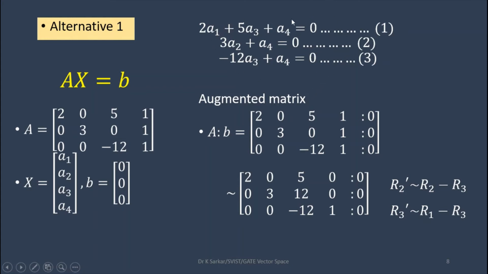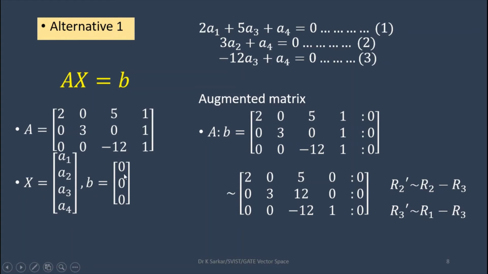Here the system of equations, let us form in augmented matrix, where A is [2, 0, 0, 0, 3, 0, 5, 0, minus 12 and 1, 1, 1], X is a1, a2, a3, a4 and B is 0, 0, 0.